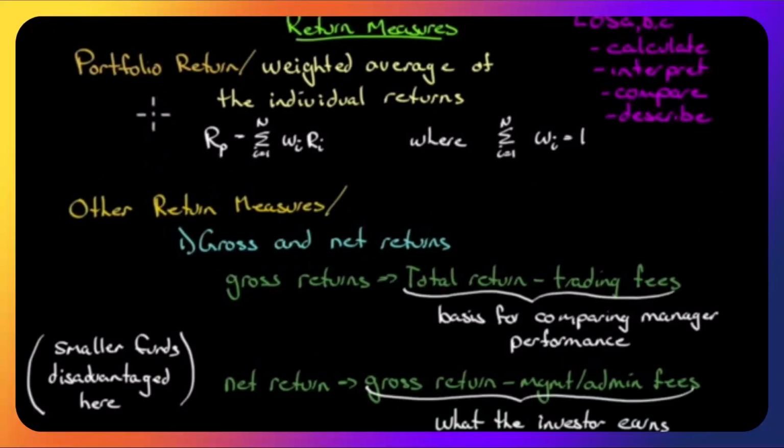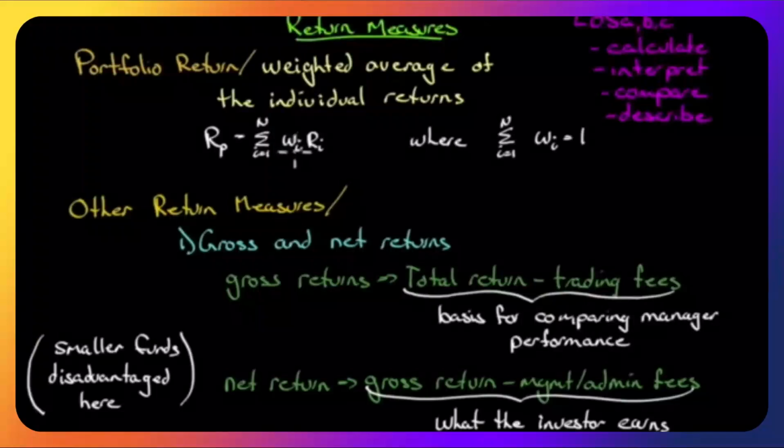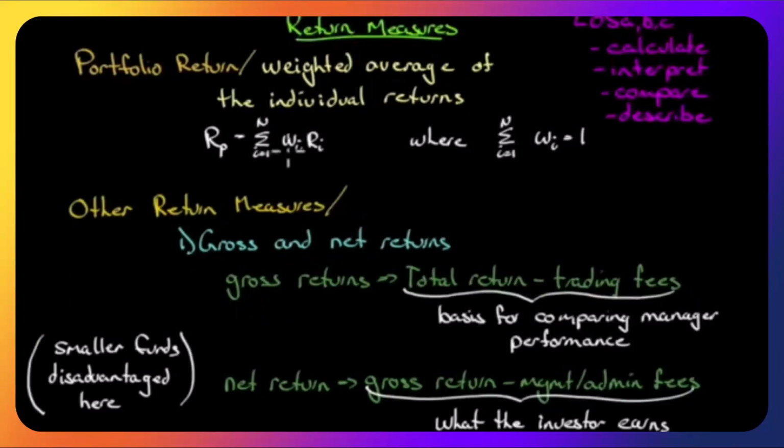We have already seen this before. It is the weighted average of the individual returns. So we just look at what our weighting is for each asset class, and we weight the return on each asset class by its weighting in the portfolio, and we sum them up. And all the weightings, of course, add up to 1, because whatever the size of your portfolio, most people think of this as your investment.